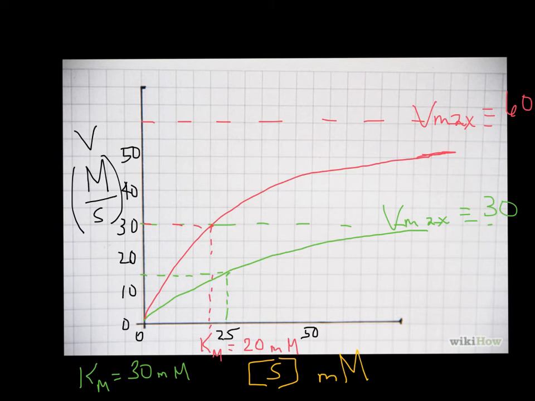Okay, so let's figure out the catalytic efficiency for this colored enzyme. So Vmax divided by Km is equal to 60 divided by 20. So that's 3. And if I'm going to use the units, it's going to be molar per second per millimolar.